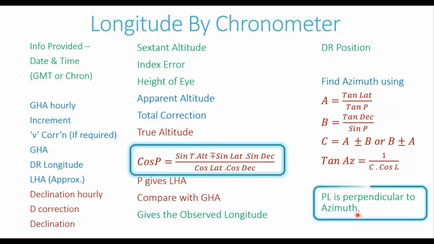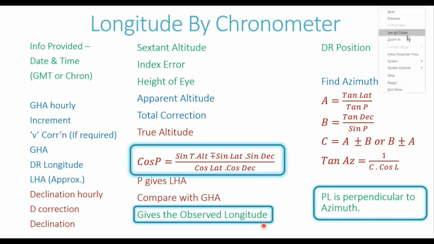So we have obtained the direction in which the PL lies, and we have also obtained the observed longitude. These are the two items required in these questions. So, beta, you have the full method now, right from the information to the items which are required.